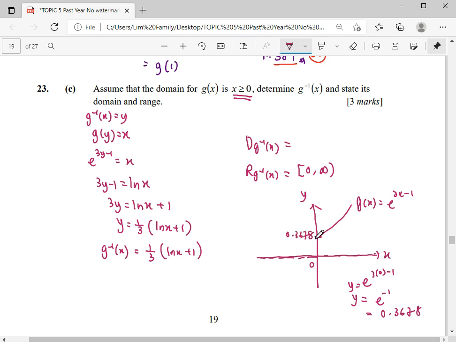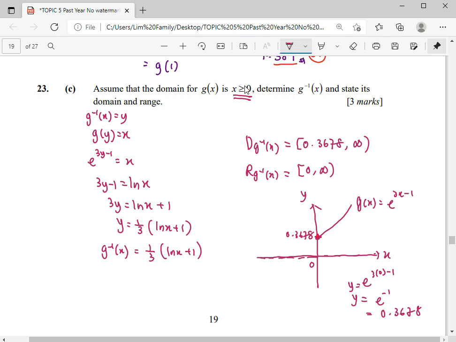So we can see our range here. Look at the y here, no graph, so no range. The minimum range starting point is 0.3678 and we have the graph going upward. We still have the graph going upwards. So our range here will start from 0.3678 going to infinity. And I use a close bracket because this point is included.